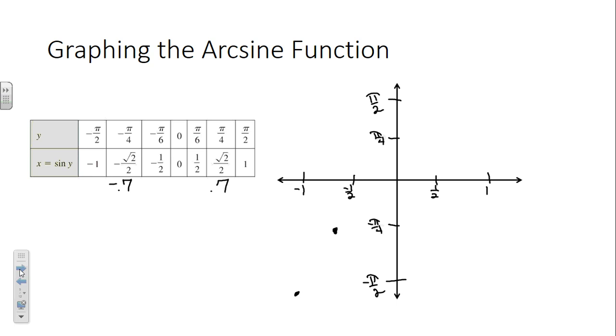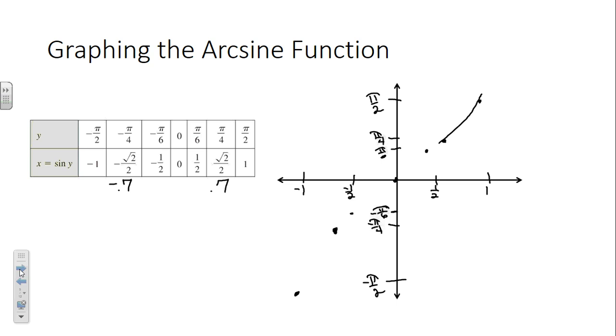So where's pi over 6 in relation to pi over 4? A little bit above it, right? 15 degrees above it. Okay, so at negative 1/2, we're at negative pi over 6. At 0, we're at 0. At 1/2, we'll be at pi over 6. At 0.7, we'll be at pi over 4. And at 1, we'll be at pi over 2.